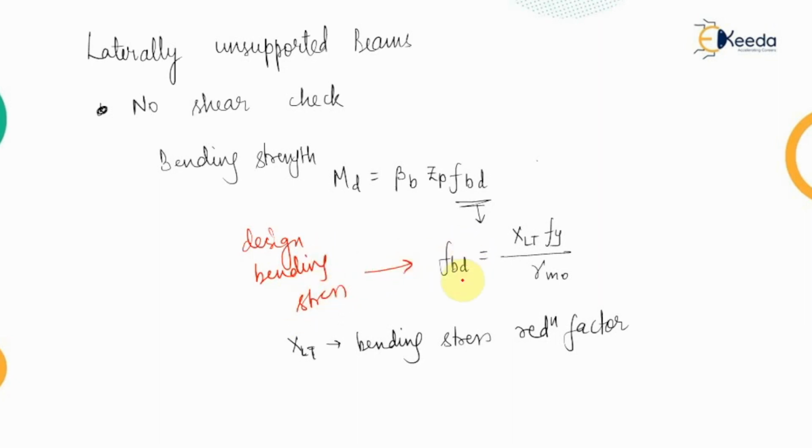That value will be given by FBD, and this FBD value will be placed in the equation with the help of which we will calculate the design bending strength of the laterally unsupported beams. The externally applied moment should be less than this design capacity of the section. If not, then we need to revise the entire section. So that's how we will proceed in the laterally unsupported beams.